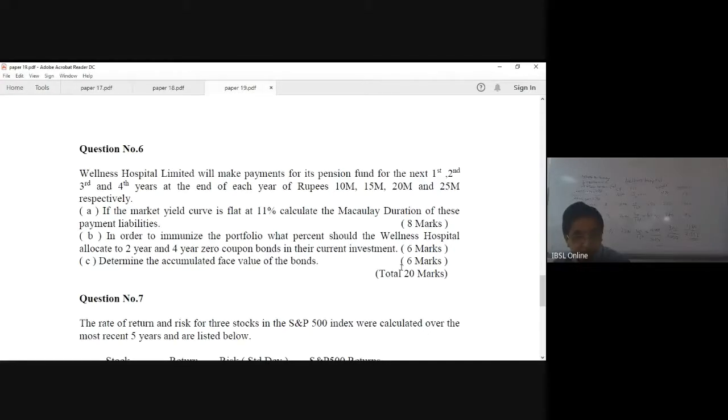Now the face value would be, now this is a 2-year bond, and since it is 2 years, the YTM zero since it is zero coupon also, so there should be a discounting factor. So the total would be, so what should be the total then?